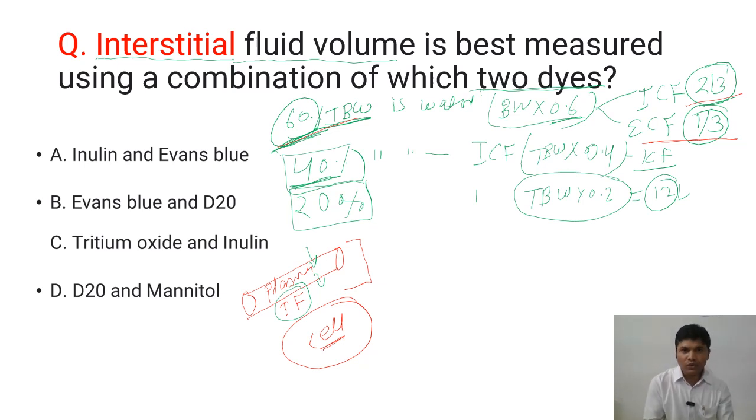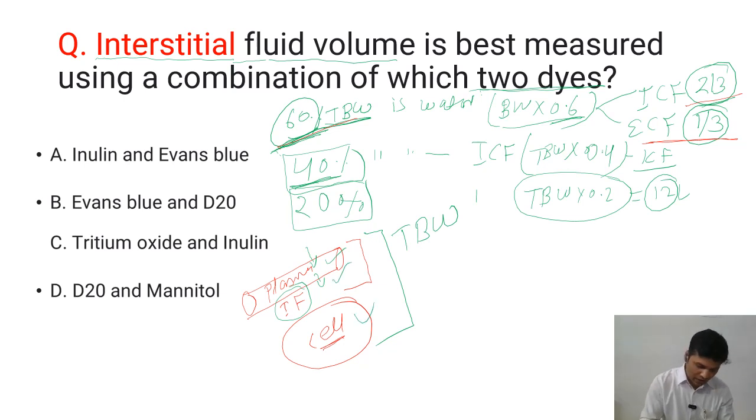So for that we should know how to calculate the different components, because if we don't know how to calculate the different parts of fluid present in different compartments, then we cannot calculate the interstitial fluid volume. So if we want to calculate total body water, this is the whole of plasma, interstitial fluid and cell.